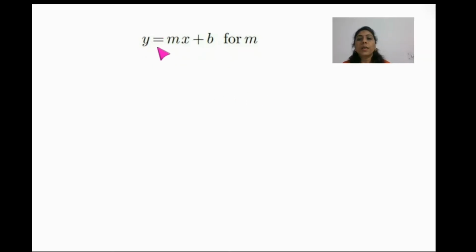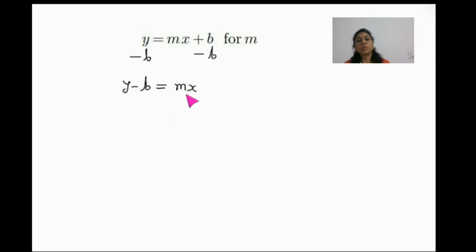Okay, y = mx plus b. This is our equation and we solve for m. So this is mx and b. We want to remove b, so subtract b from both sides. y minus b = mx.